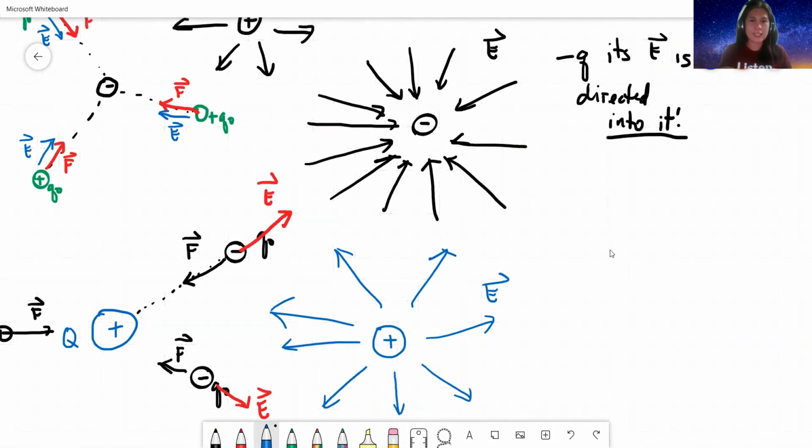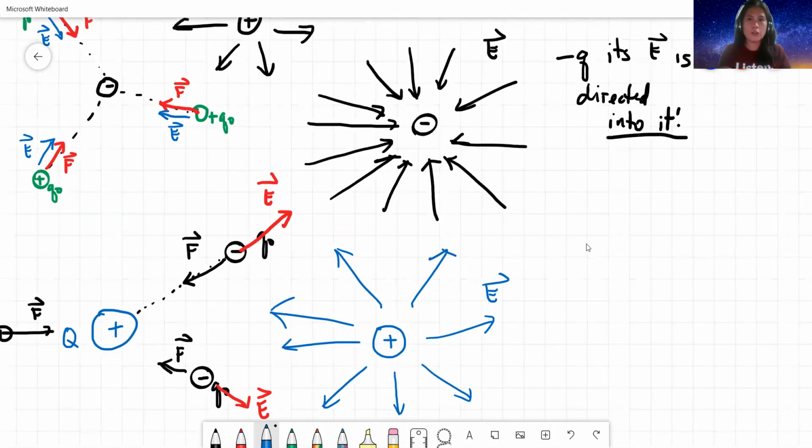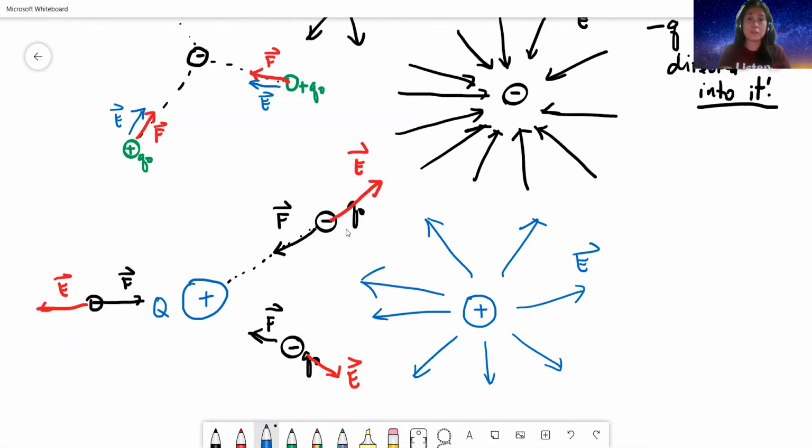Basta bantayan ninyo, if it's a positive source charge, the electric field is radially out in all directions, along the radius. And if it's a negative charge, it's into. So ang titingnan ninyo, what is the sign of the recipient of the force?